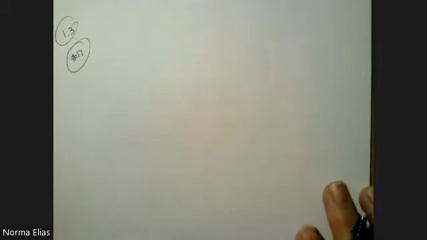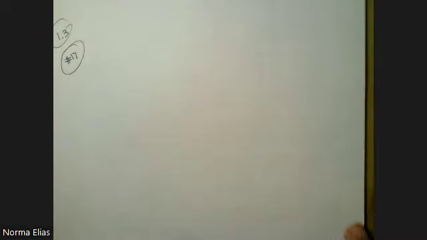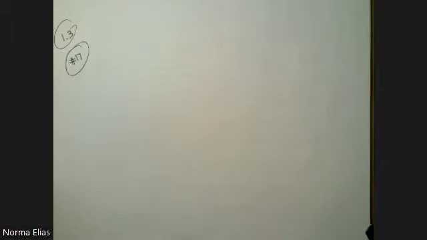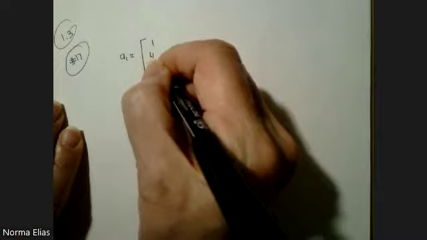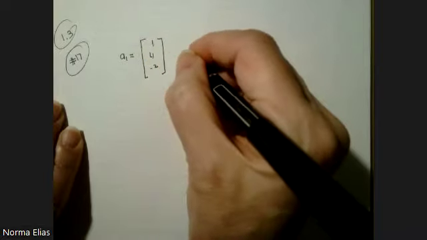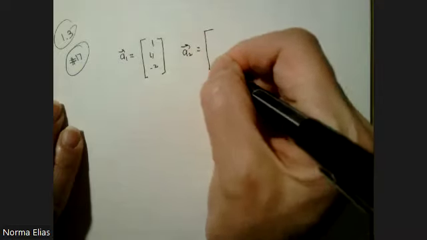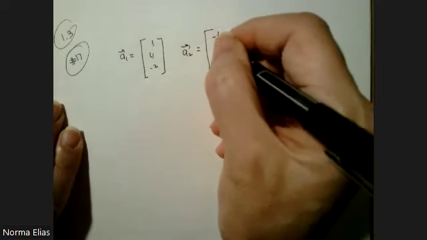Okay. So I will look at this problem, number 17 in section 1.3. As I said, I expect your input every time I ask a question. So the question is, we have a vector A1, which is the vector 1, 4, minus 2. We have A2, which is the vector minus 2, minus 3, 7.